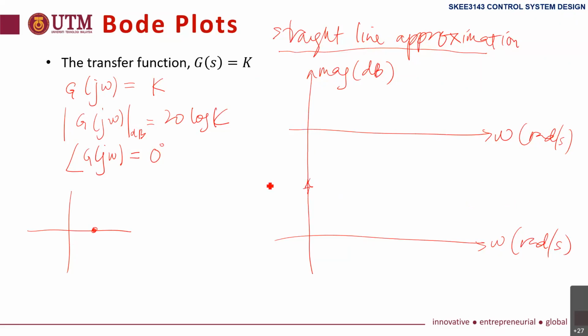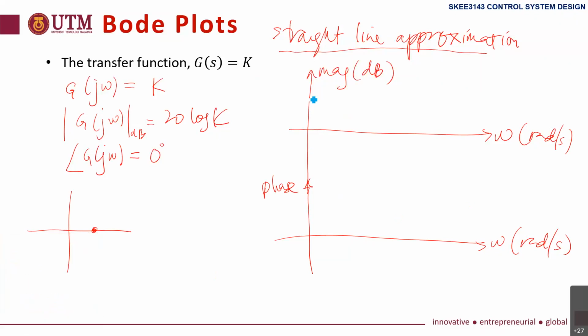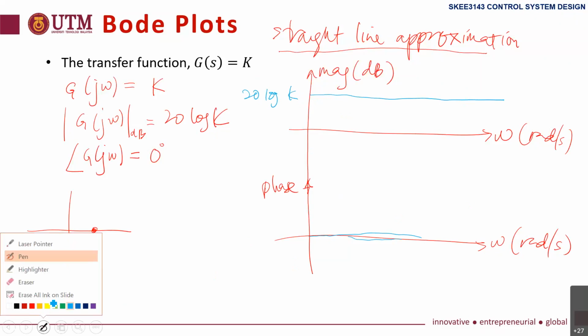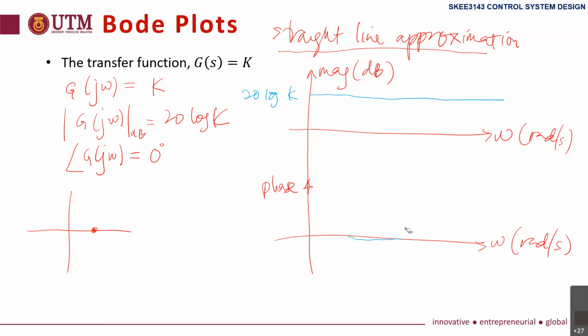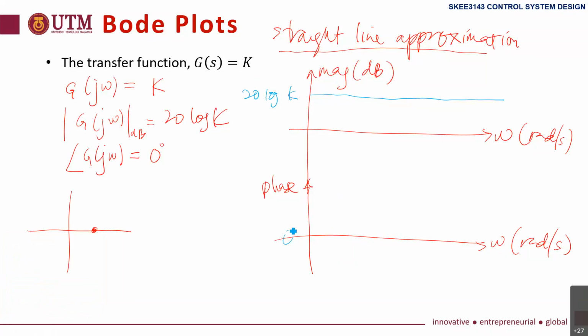This is for phase. 20 log K is just a constant, 20 log K dB, depending on K. Phase is 0, so it should be 0 here. 0 degree is on this line. Okay, so that is the first one. So you know when G is K like this.